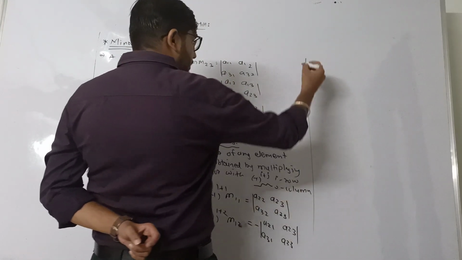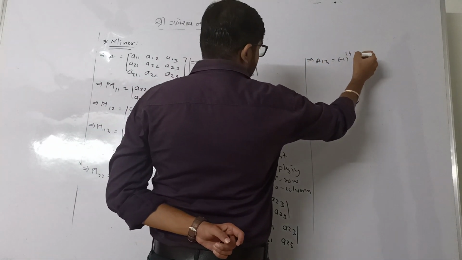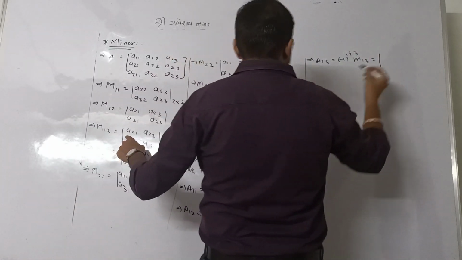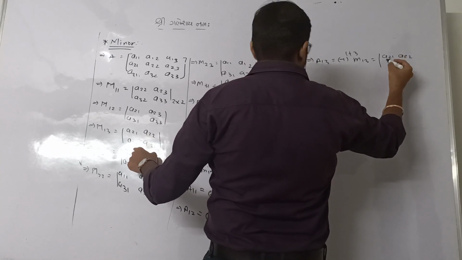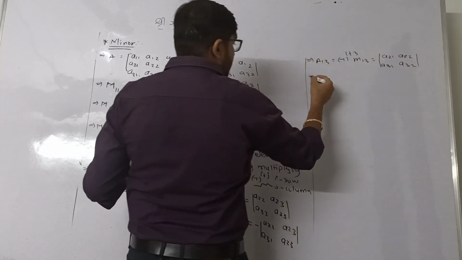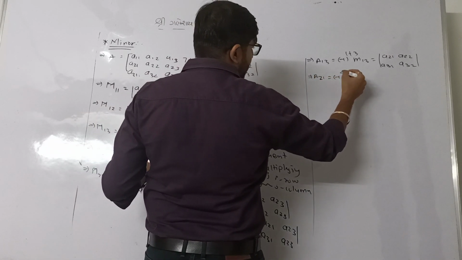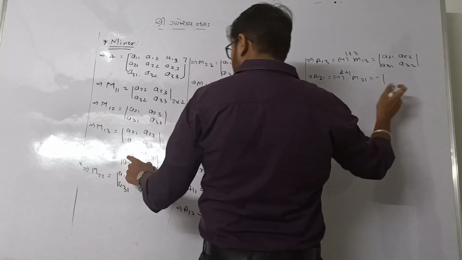Then A13, that is minus 1 raised to 1 plus 3 with M13, which is plus M13, that is A21, A22, A31 and A32.